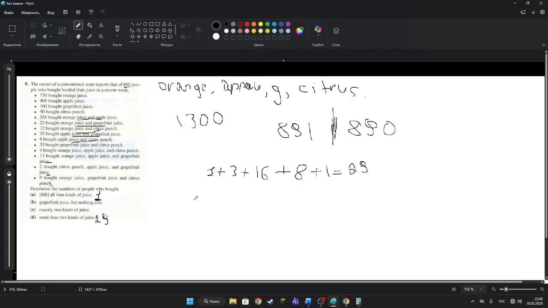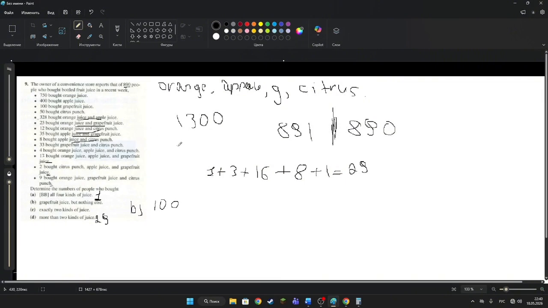So the B case, the grapefruit juice, but nothing else. In all we have 100 people who bought grapefruit juice, but in those 100 people we calculated people who bought 2 juices twice and 3 juices or all juices 3 times.